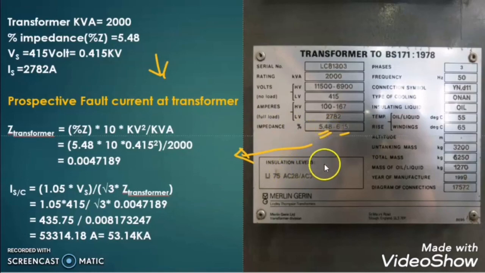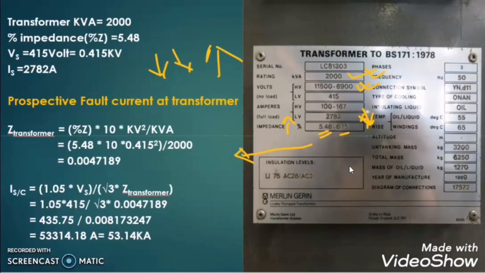The motto of this discussion is that when the percentage impedance of the transformer is higher, we will have the lower prospective short circuit current, and when the percentage impedance of the transformer is lower, we will have the higher prospective short circuit current for the same rating and the same ratio of the transformer.